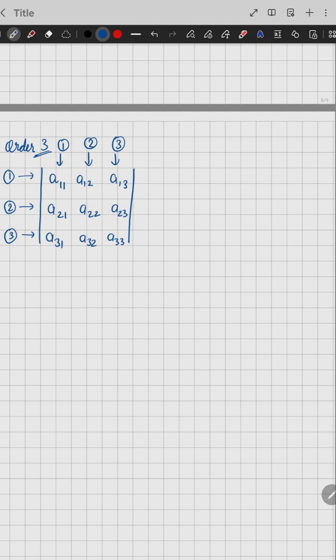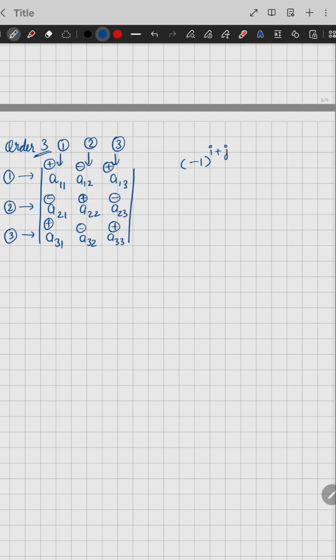Now we have to put the signs using the formula -1 to the power i plus j. So this will be plus, this will be minus, this will be plus, this will be minus, this will be plus, this will be minus, this will be plus, this will be minus, this will be plus.